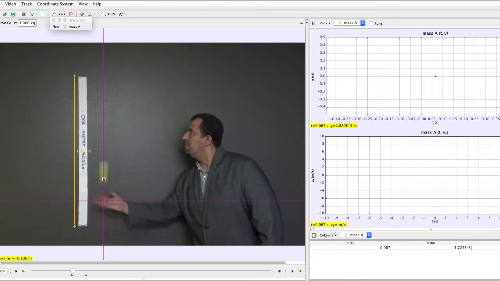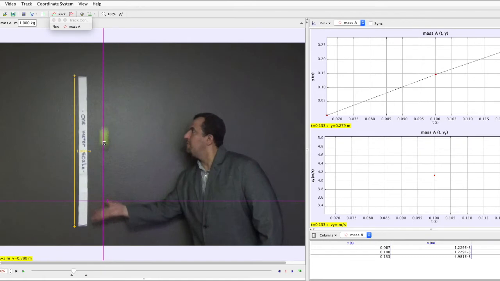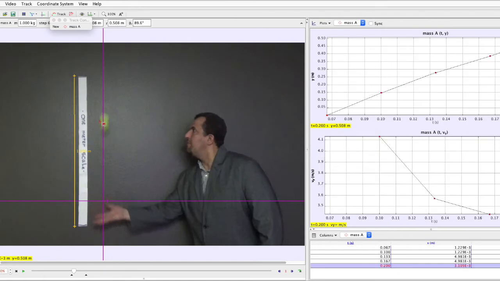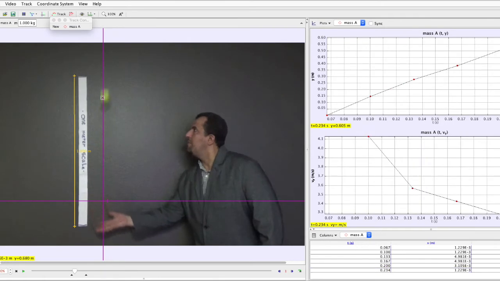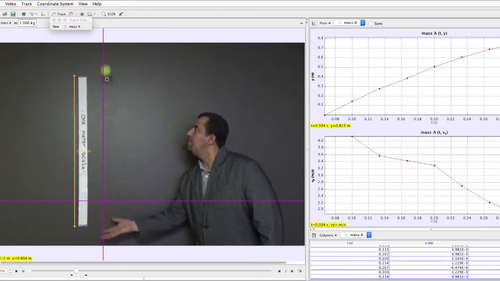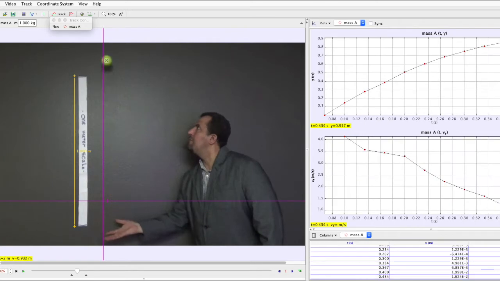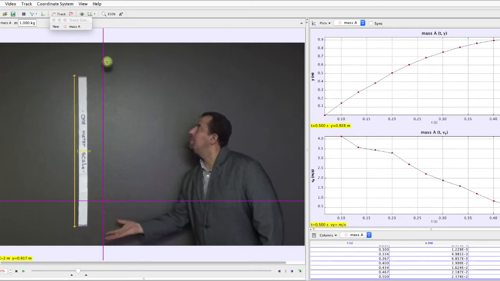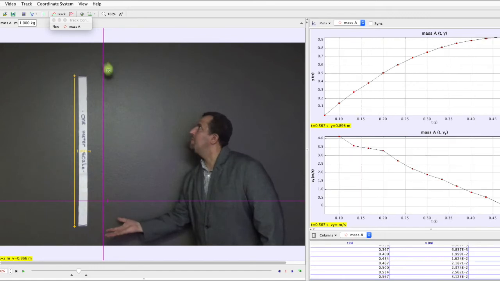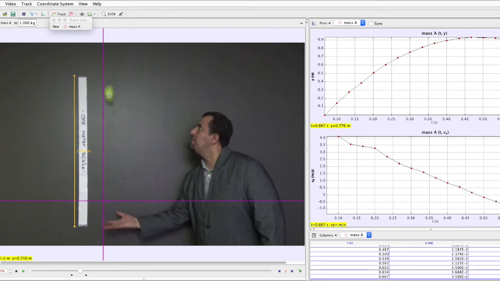I will move like this, guys, and follow the ball movement. See what will happen and what kind of behavior do we have. Okay, you can see that the position versus time started to be nice and wonderful here.